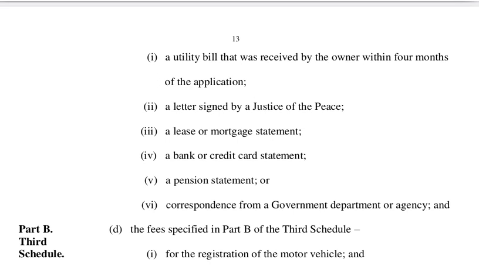Alright. 2. It could be a letter signed by a justice of the peace. Or 3. A lease or mortgage statement. Or 4. It could be a bank or credit card statement. 5. Maybe a pension statement. Or 6. A correspondence from a government department or agency.